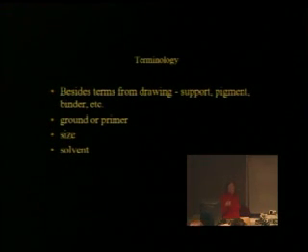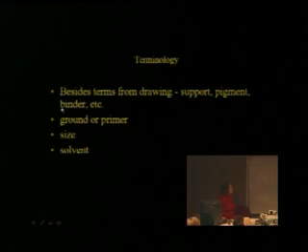Artists have painted on paper just as drawers have made drawings on paper. They've painted on walls, wood, stones, any number of things have been used as supports for paintings. Pigment is the coloring material that adds the color to the paint.